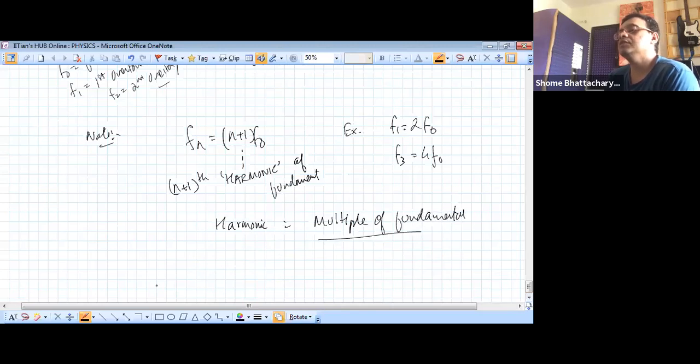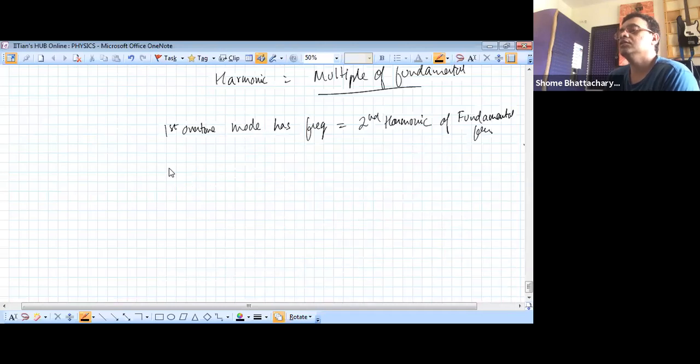So in language, we will say over here that the first overtone mode has a frequency which is equal to the second harmonic of the fundamental mode, or the fundamental frequency. Like that, the second overtone mode has a frequency equal to the third harmonic, and so on and so forth.